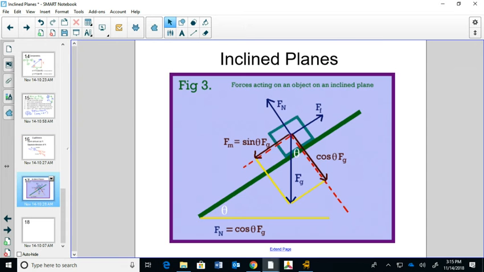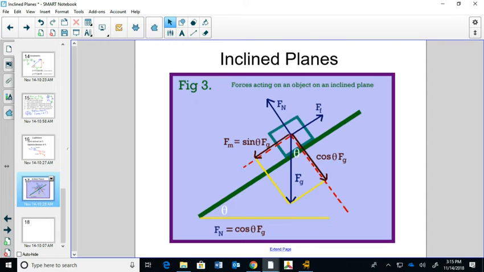And then last but not least, we have the inclined planes pieces, where we tipped this upward, which made gravity have both a force pushing into the surface and a force pushing down the surface. The one pushing in is the y component of gravity, which is the same as the normal force.